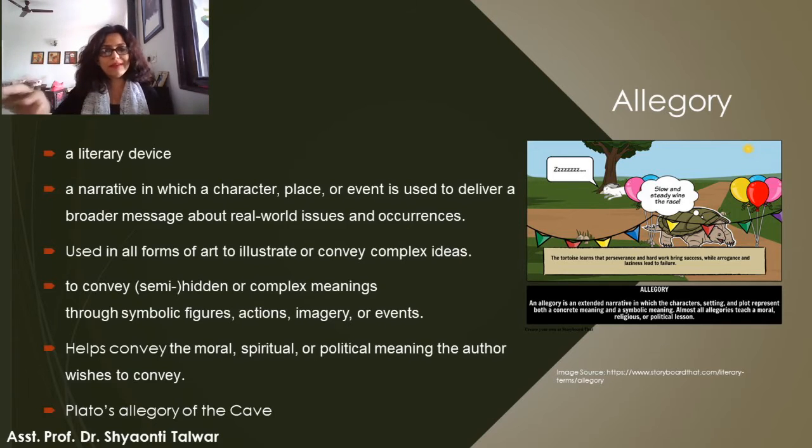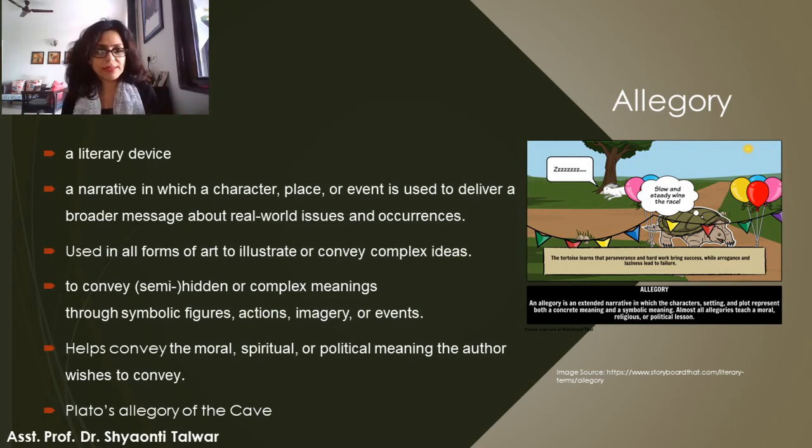So, over here, like in the hare and the tortoise story, the hare stands for someone who's very fast, who is very competitive, who is very confident in themselves. The tortoise, on the other hand, stands for someone who is normally not looked at as a go getter by society, or someone who is normally a little low profile, maybe average in terms of performance or in terms of achievements, right?